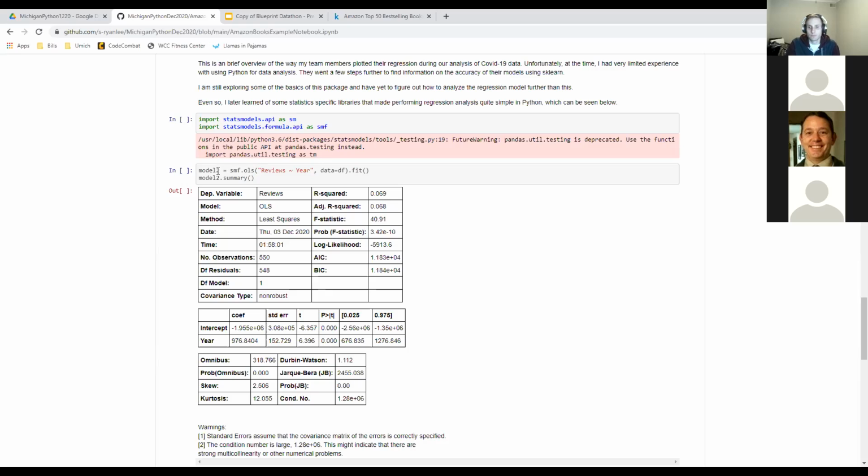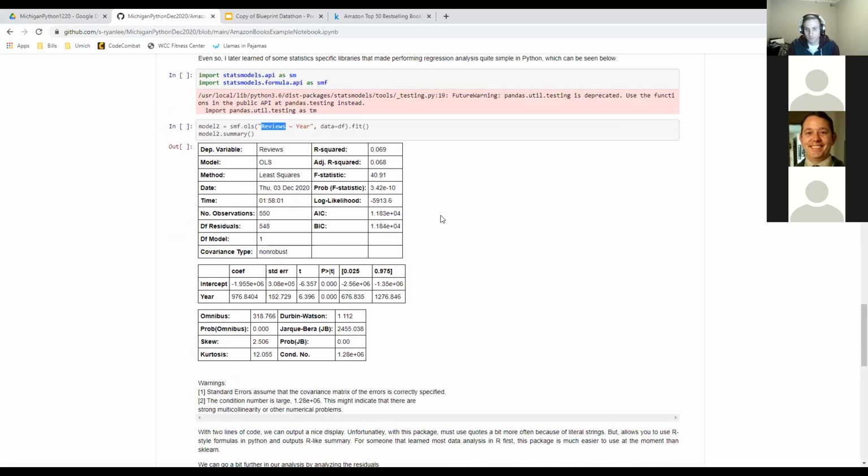I've defined a second model here, and this is number of reviews by the year. So in this case, year is our X variable and reviews is our Y variable, which is a little bit different than your typical setup. And that's just the way that R typically defines models.